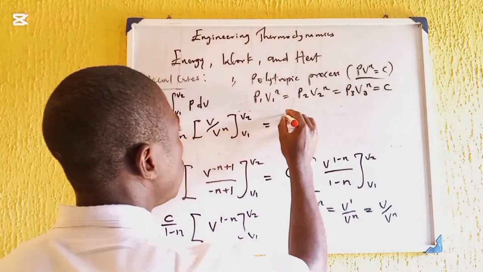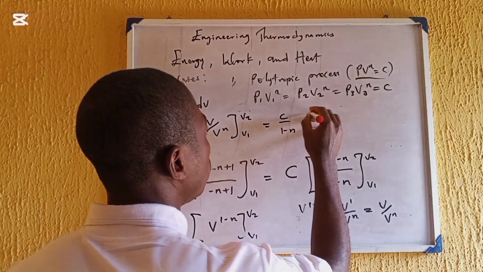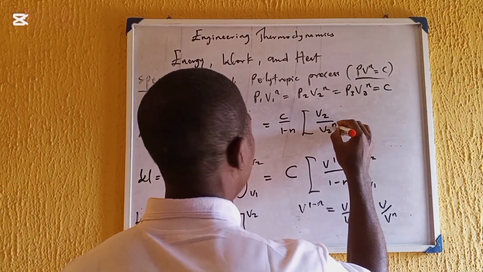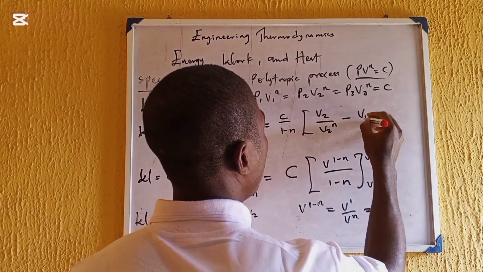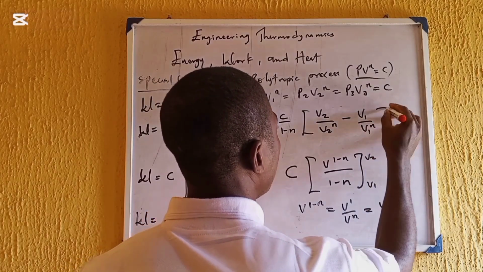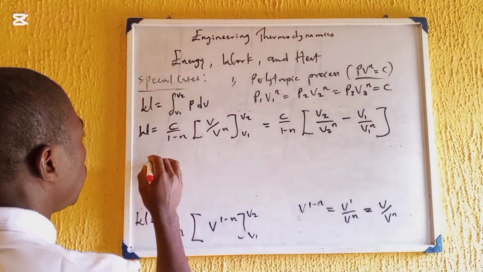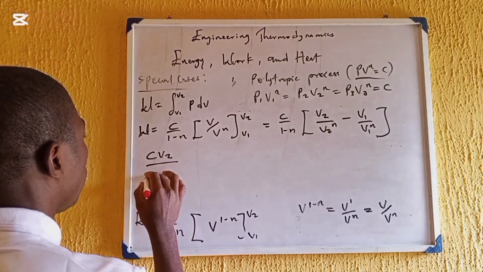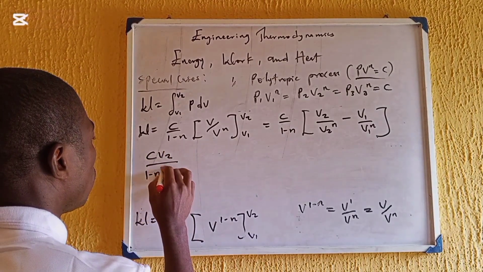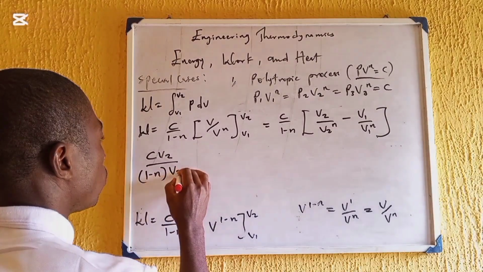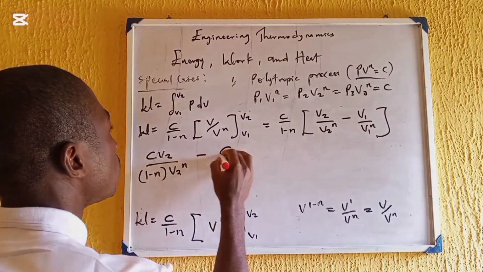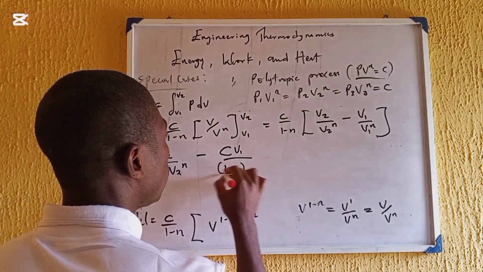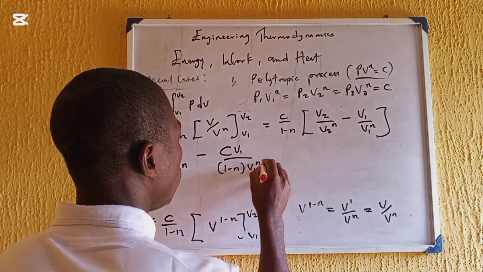So the next thing would be to substitute V with the boundary values. We'll have C over 1 minus n into V2 over V2 to the power n minus V1 over V1 to the power n. Now that gives us C V2 over 1 minus n into V2 to the power n, minus C V1 over 1 minus n into V1 to the power n.